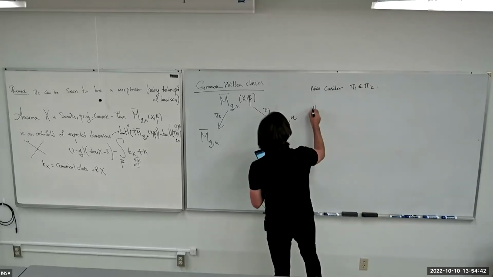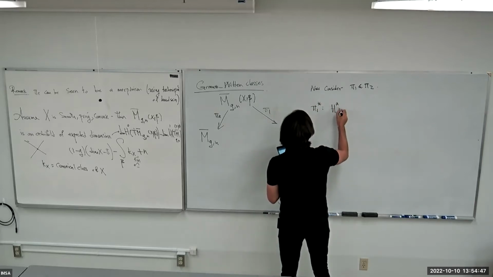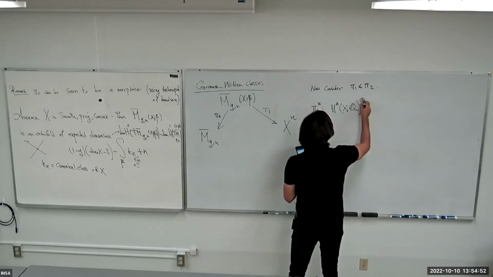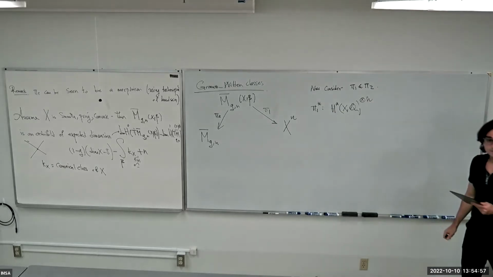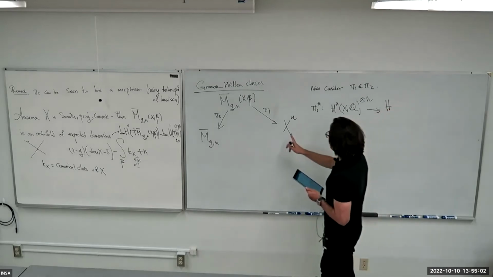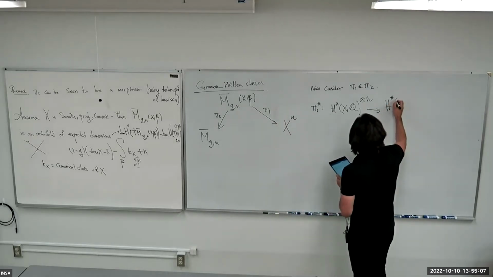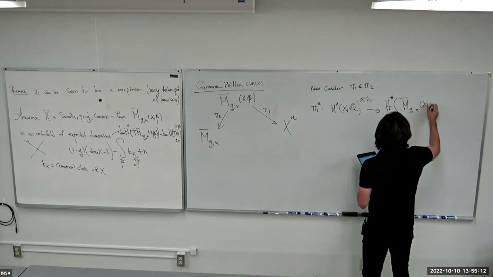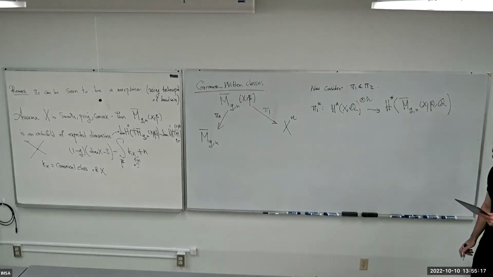I'm going to define a pullback map, pi 1 upper star, from the cohomology theory of X with rational coefficients, n times, to the cohomology theory of M bar g,n (X, beta) with rational coefficients.